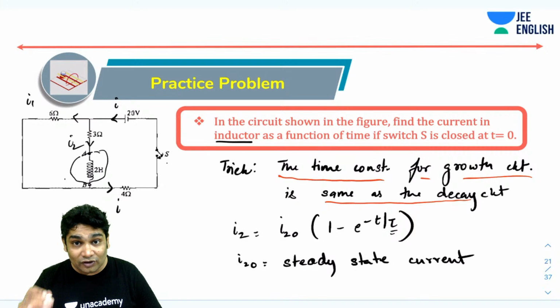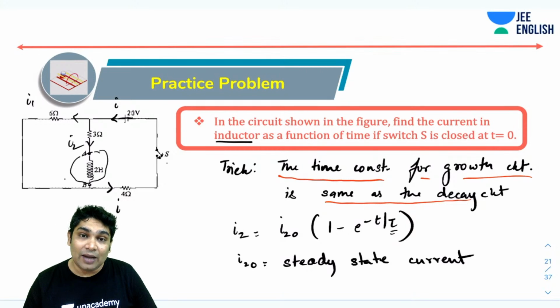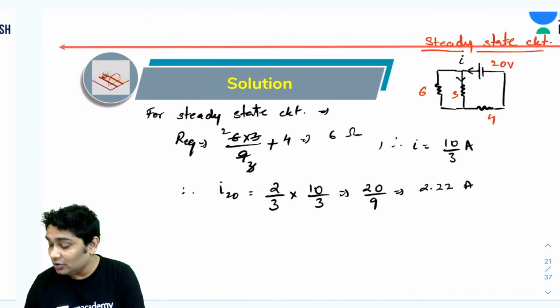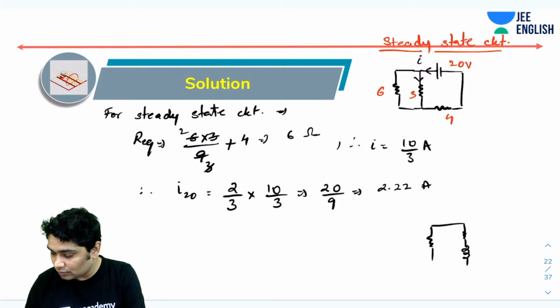So for finding the decay circuit time constant, all I need to do is replace the battery. And imagine now the current is decaying through all the resistances. Okay. So decay circuit looks like this. Let's draw you the decay circuit. This is what the decay circuit would be.